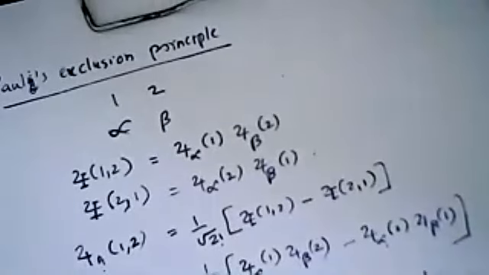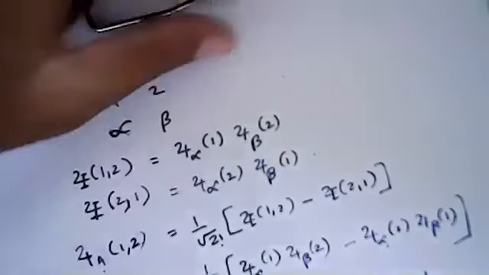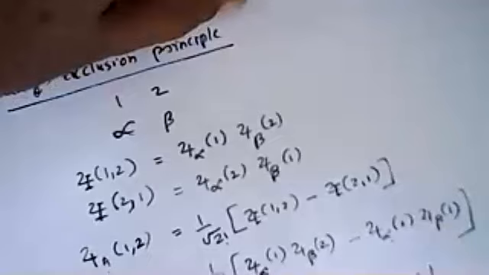Is the idea clear? So Pauli's exclusion principle can be interpreted in terms of the Slater determinant. I think the idea is clear.